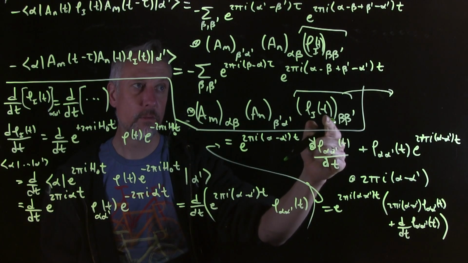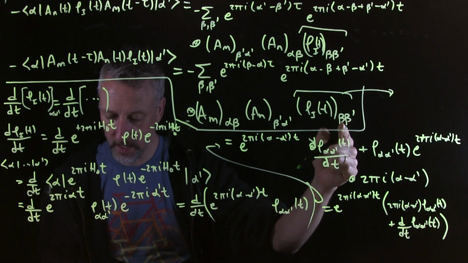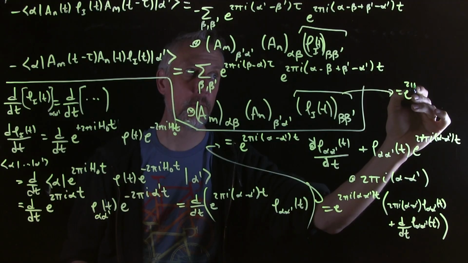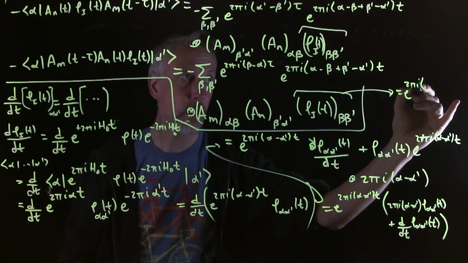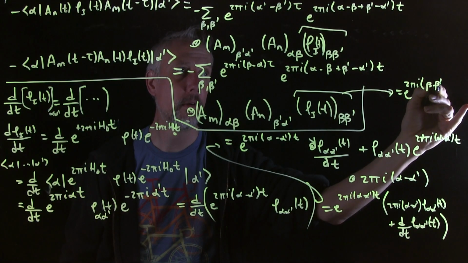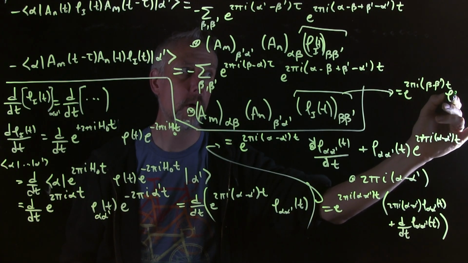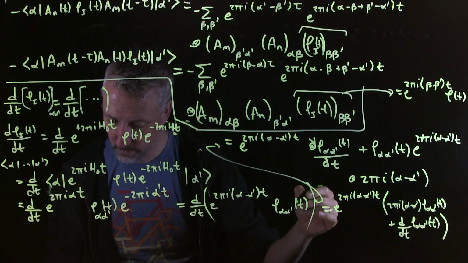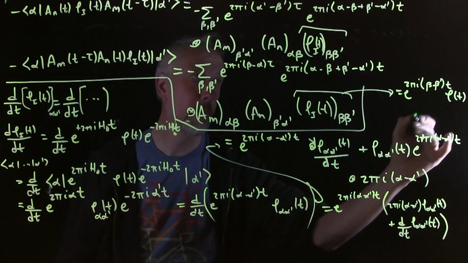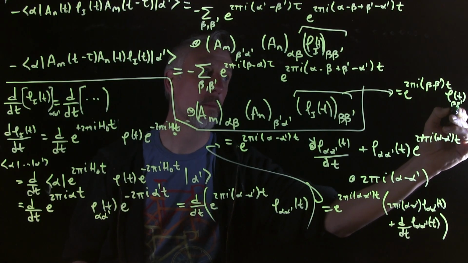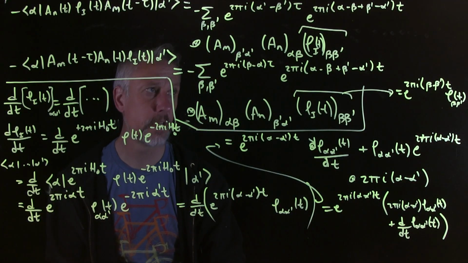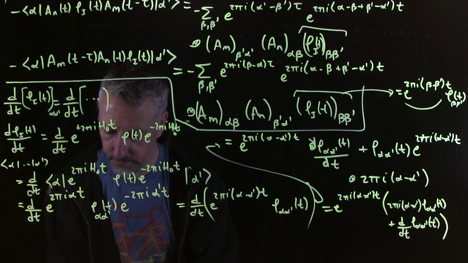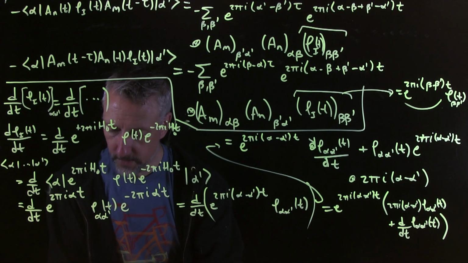So this rho_I(t) beta beta primed is just equal to e to the 2 pi i, and it's the left minus the right, so (beta minus beta primed) t, times rho, the normal rho of t, the beta beta primed matrix element. So that's relatively straightforward. Basically what we do is we pick out this phase factor that's in front of it.